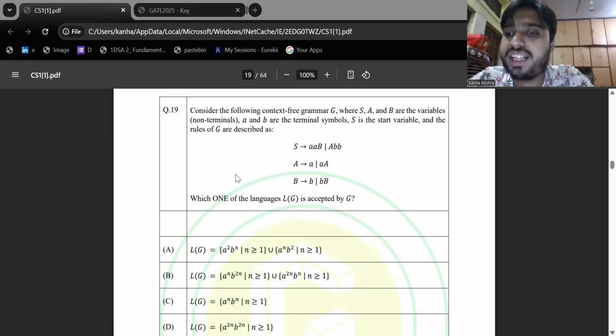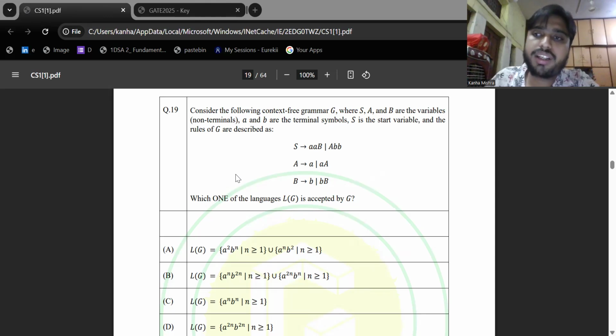So it is a context-free grammar. You are given four options. Before solving this question, let's first understand all the prerequisite concepts required to solve this particular question. So, what is a grammar? Grammar is a set of instructions that tells you how to build letters. It contains a start symbol.